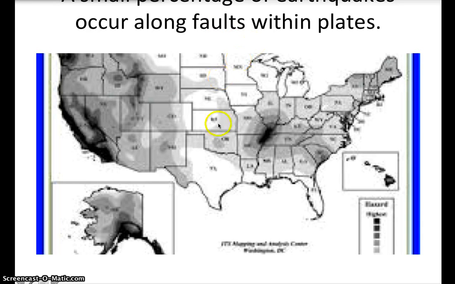faults within a plate. Here we have a map where the darker areas show more earthquake probability. And you can see we've got all kinds of earthquake probabilities along the San Andreas Fault in California and up the coast, but you still have a fairly good probability here in Missouri. The New Madrid Fault in Missouri is not where a tectonic plate is.